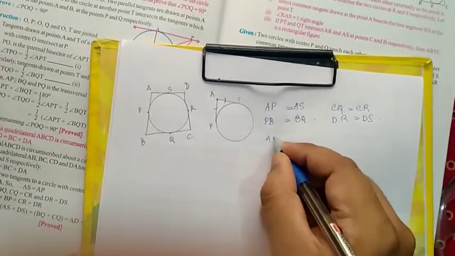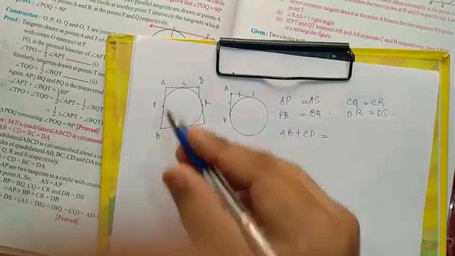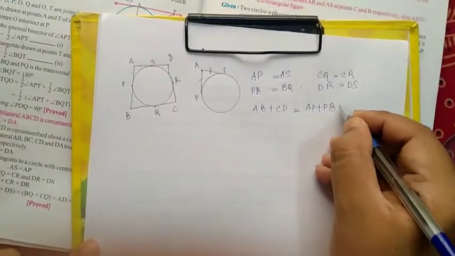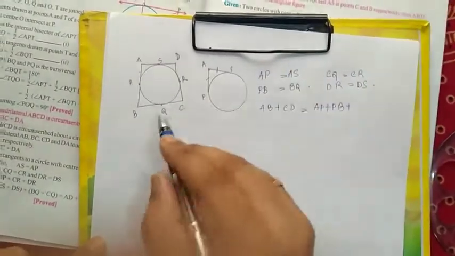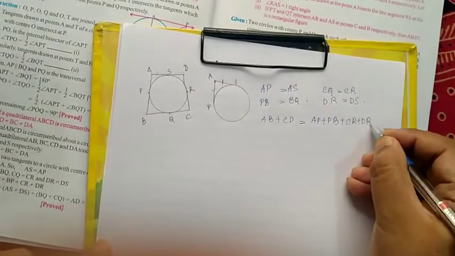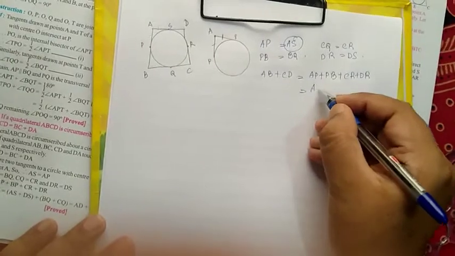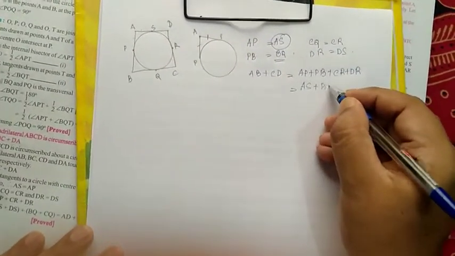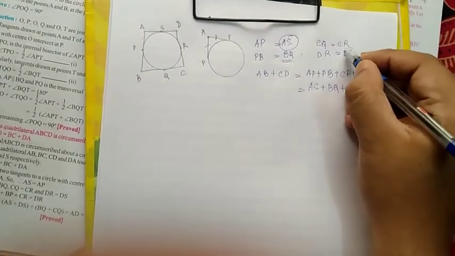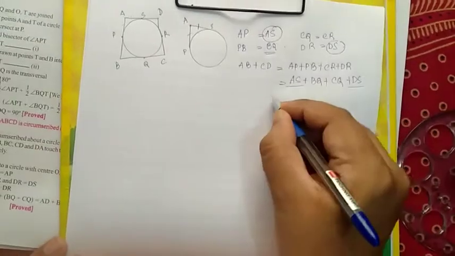So AB plus CD: we know that AB equals AP plus PB, and CD means CR plus DR. Just putting those values: AP means AS, PB means BQ, CR means CQ, DR means DS.